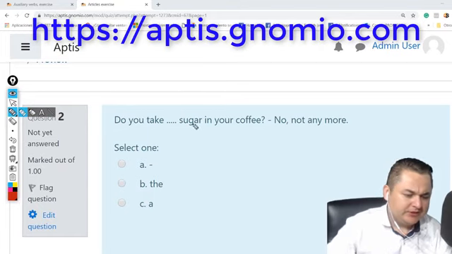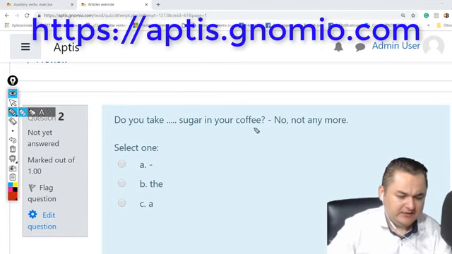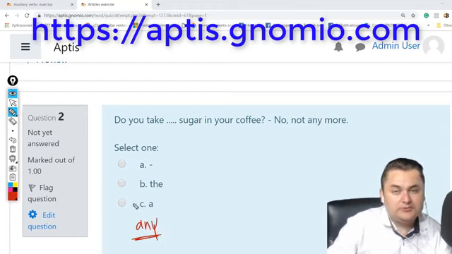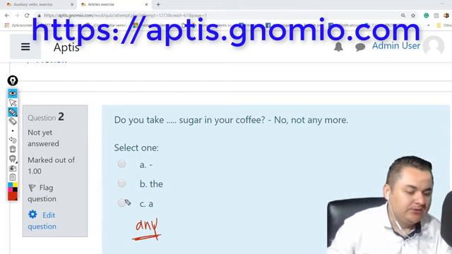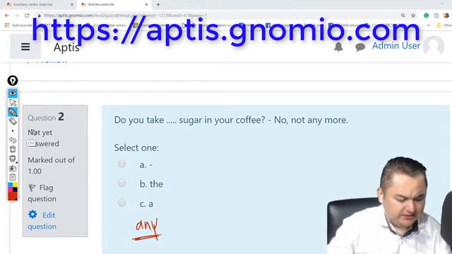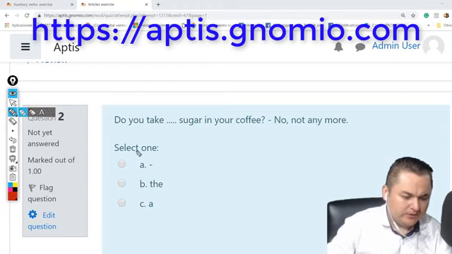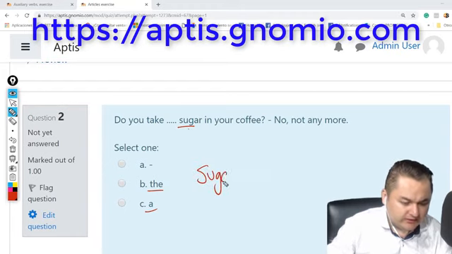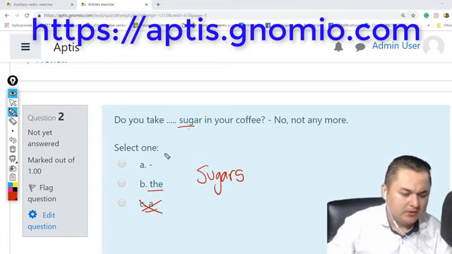So, do you take sugar in your coffee? If an answer here would be any, that would be a good choice, because you can say, do you take any sugar in your coffee? But then here in this exercise, again, we don't say the sugar or a sugar, because if I take the word sugar, I cannot make it plural, so it wouldn't be a sugar.